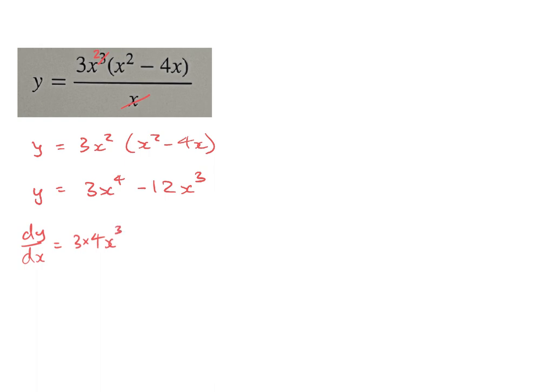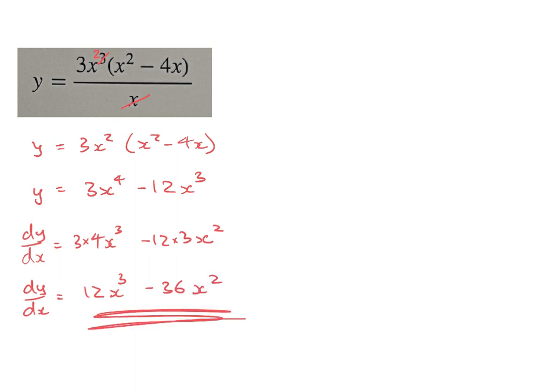The second term is minus 12 multiplied by 3, x, and take 1 away from the power of 3, becomes power 2. Let's tidy this up a little bit. So we've got dy by dx is equal to 12x cubed minus 36x squared, and we are done.